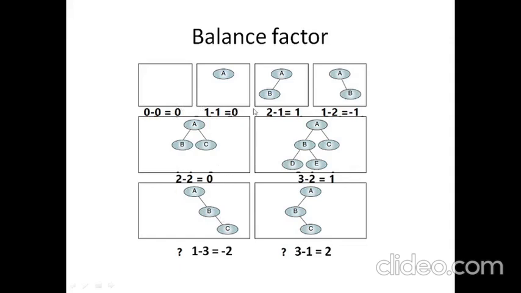This is also a balanced tree, balanced tree, balanced tree, except the last two. The last two are unqualified as balanced trees because their balance factor is not within that list, 0, plus 1 or minus 1.